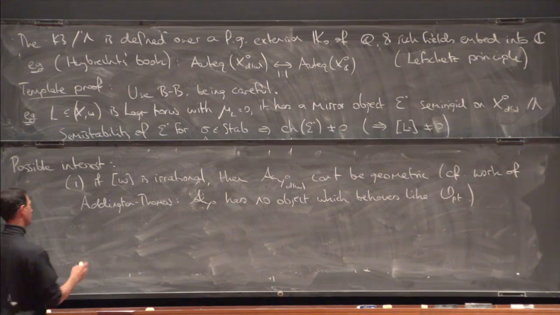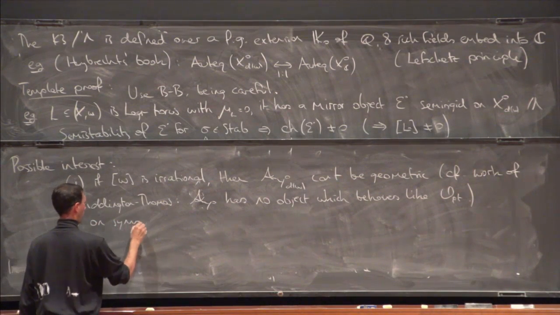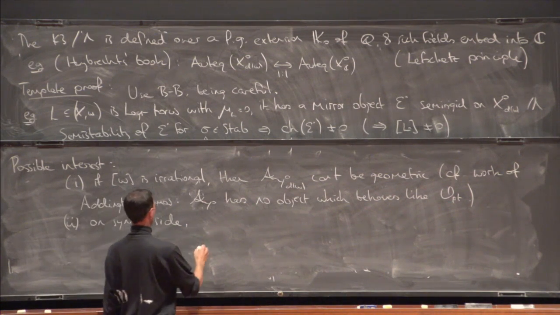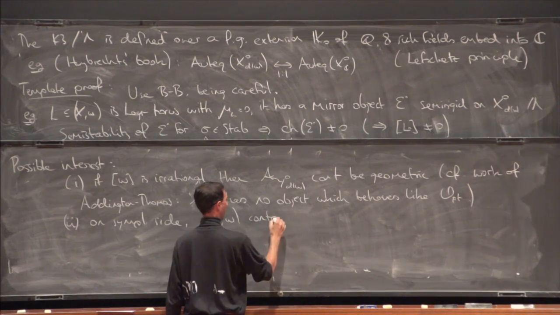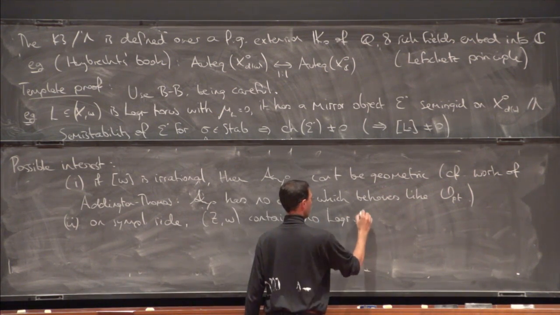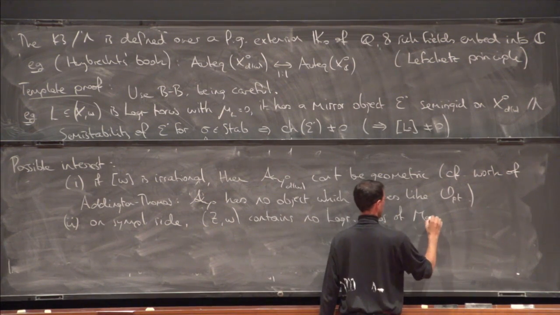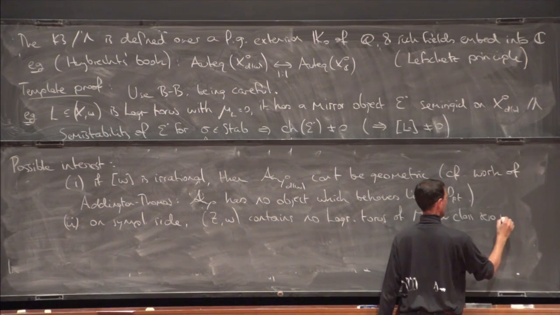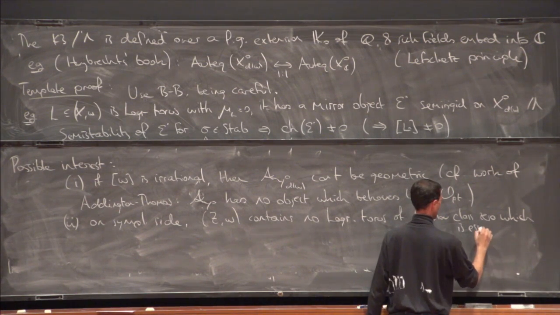And back on the symplectic side, the corresponding Z omega contains no Lagrangian torus of Maslov class 0, which is essential in homology.